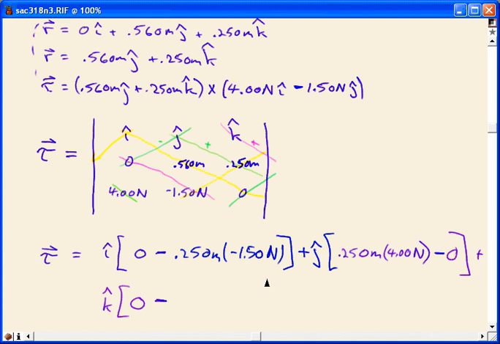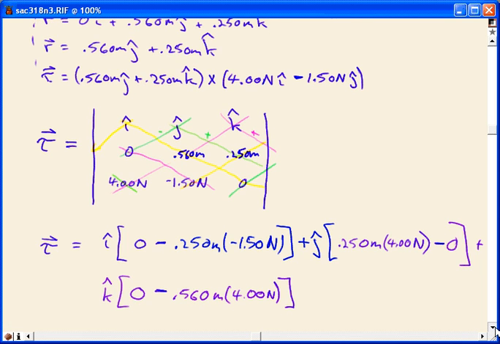And then minus, the minus piece coming down here, it looks like that's a non-zero term. We've got 0.560 meters times 4.00 newtons. So that's our expression for tau, obtained using the determinant method.